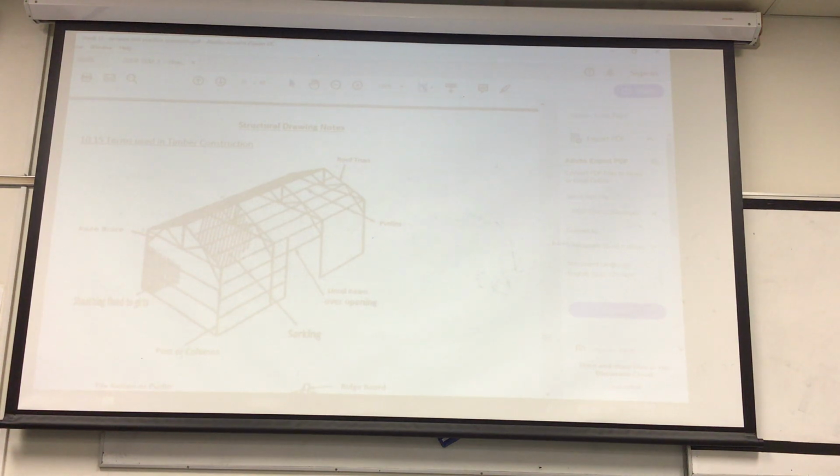It can be the piece that the sheathing is actually fixed to. So it can be a wee lug or something on the side of the building that you're fixing the sheathing to. So they're not always horizontal. They can be all the way along.